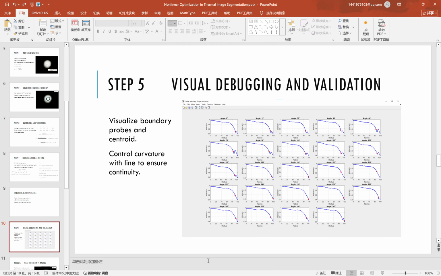As you can see here, during the actual debugging of the code, we draw probes at 15-degree intervals and equal spacing. It looks like a star. It presents g(theta, r) equal to f(theta, r).